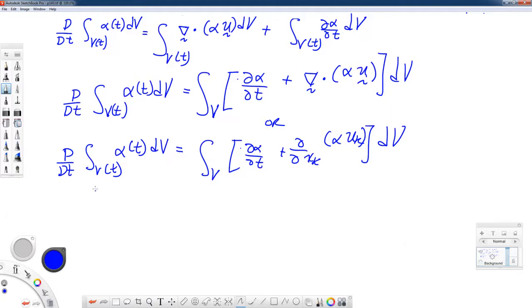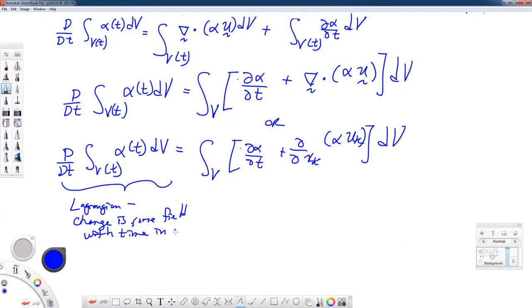Alright, so what does this mean? Over here on the left-hand side is the change in some quantity in a volume. This is the Lagrangian side. So this is the change in some field with time in a control volume.